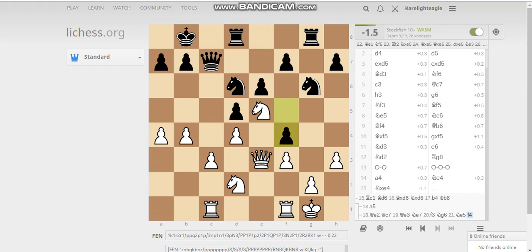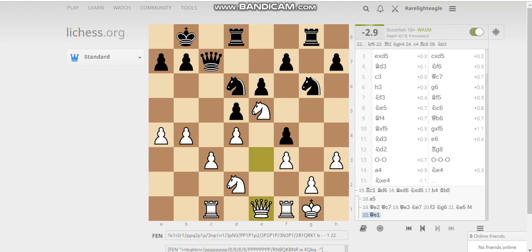Instead, he just brought his pawn forward. So Van had no other good squares, instead bringing his queen back. He just gave more attackers to that side.